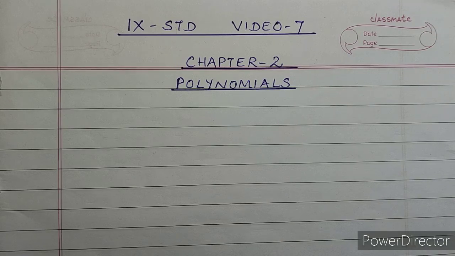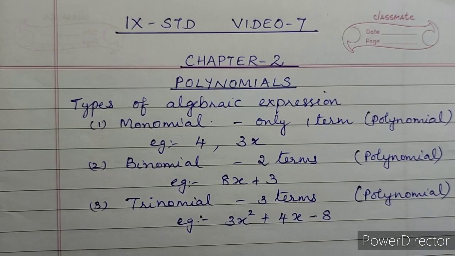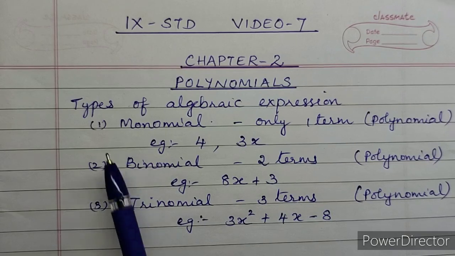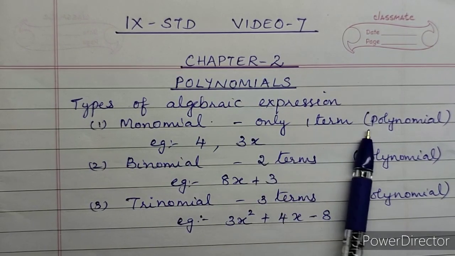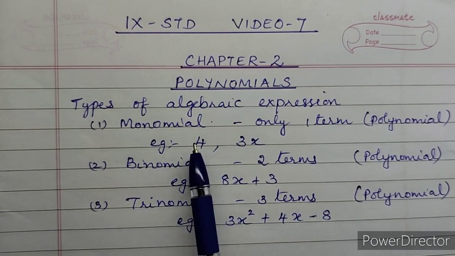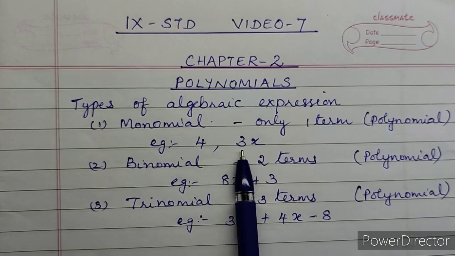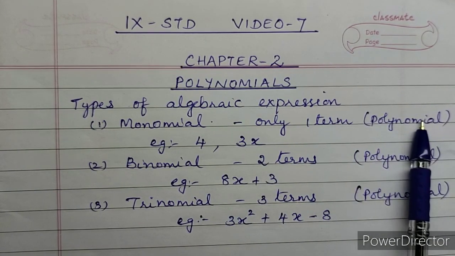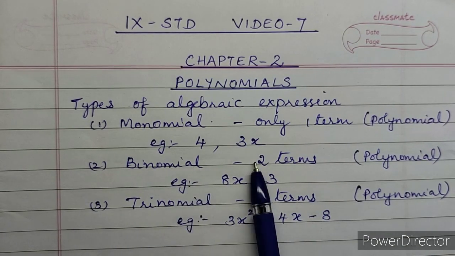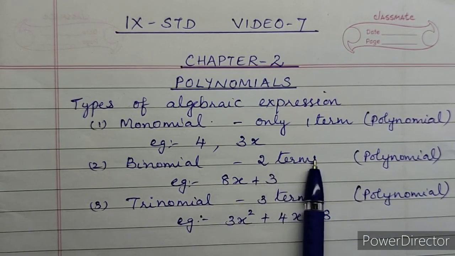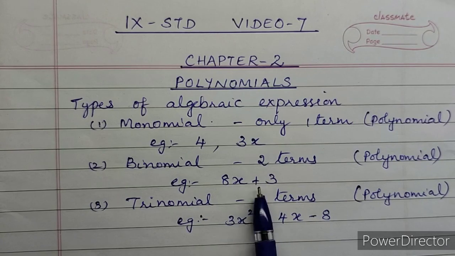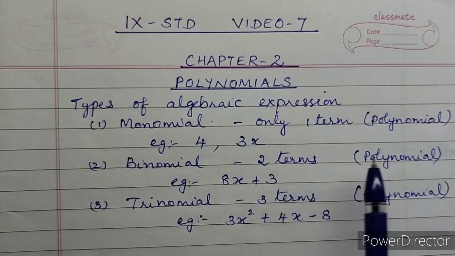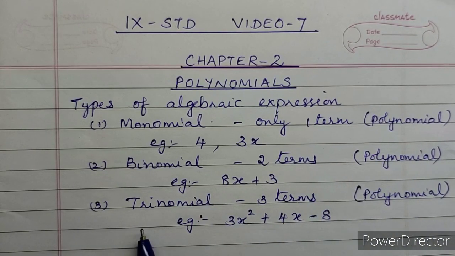So actually what is a polynomial? Just see this. Types of algebraic expression: monomial, only one term. For example, only one number can come, or a number and a variable can come. This is a polynomial only. Binomial, two terms joined with a plus or minus symbol. 8x plus 3, one example I have given, that is also a polynomial only.